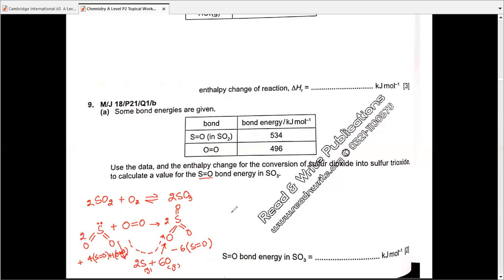So if we solve all of this, all right, wait a second, this whole thing should be equal to something specific.